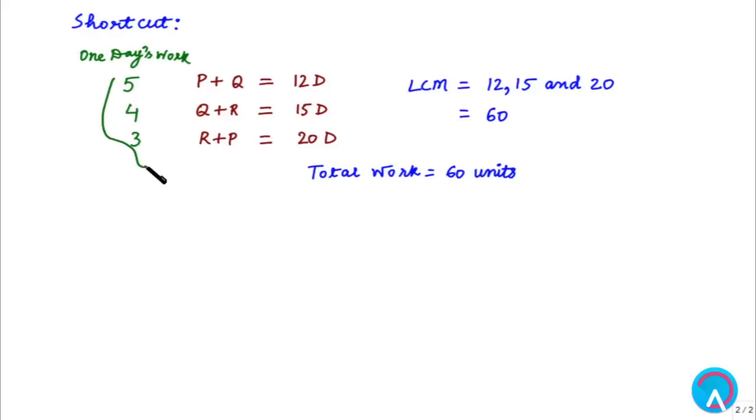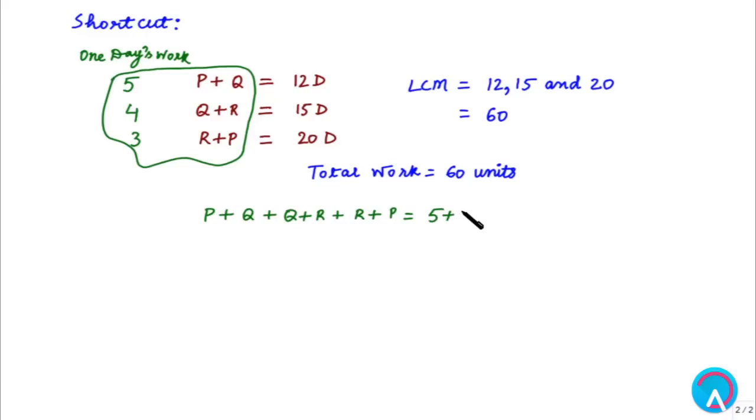Now if we add these, on adding these we will have P plus Q plus Q plus R plus R plus P is equal to 5 plus 4 plus 3.